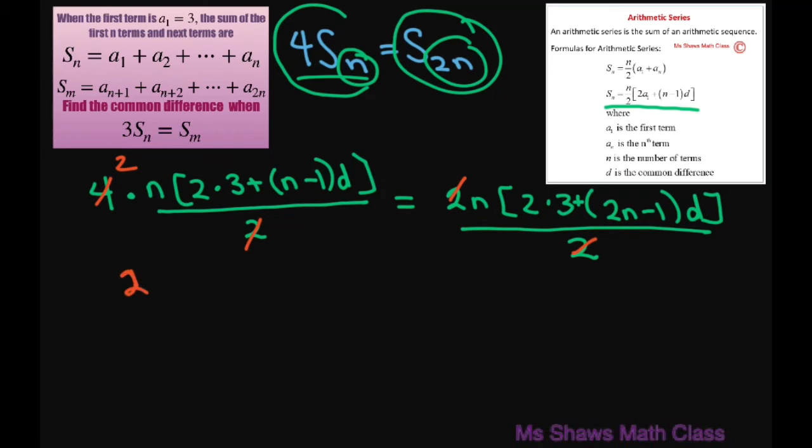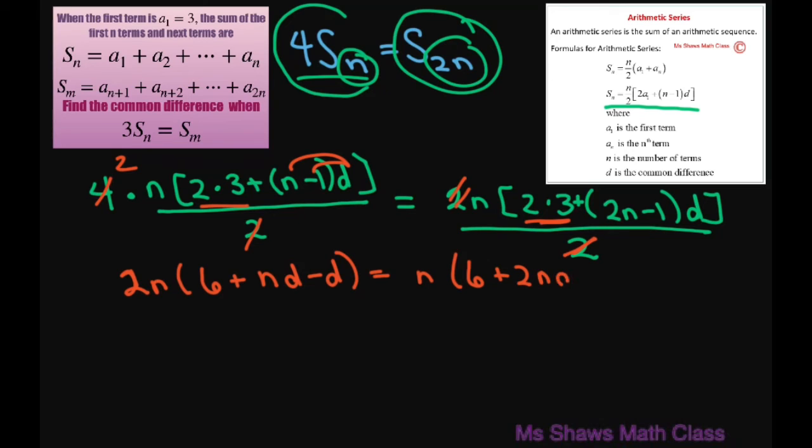or 2n for this one, 2n, this is 6, plus, and I'm going to go ahead and distribute, nd minus d equals, now these two cancel out, so you get n, and then we have 6 for this part, plus 2nd minus d. Okay, from here, let's go ahead and simplify further.